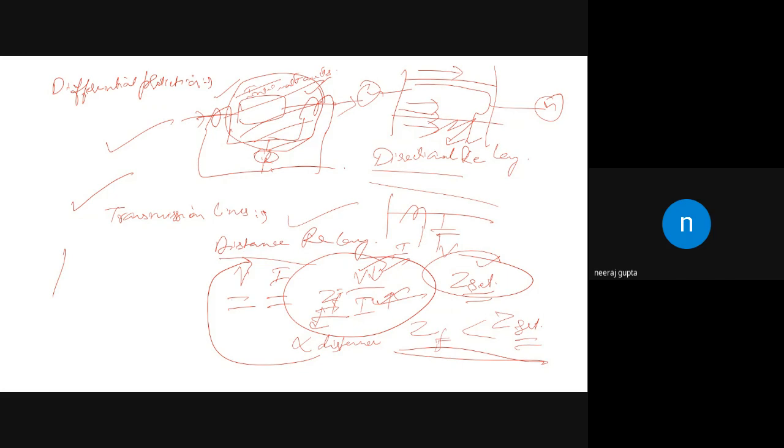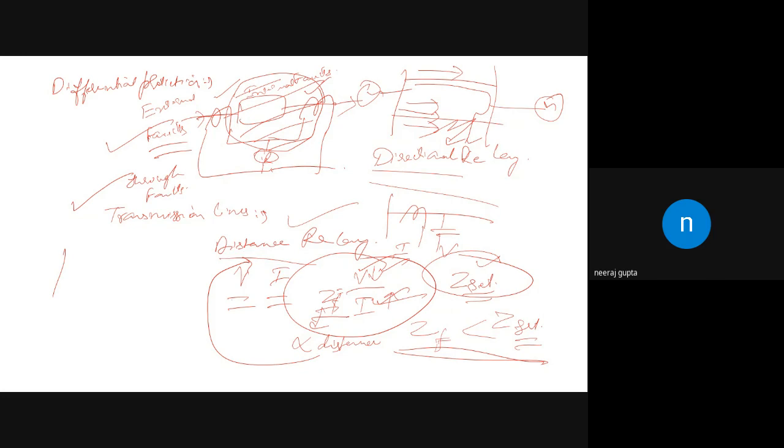And faults which are outside this zone are known as external faults. External faults are also known as through faults.